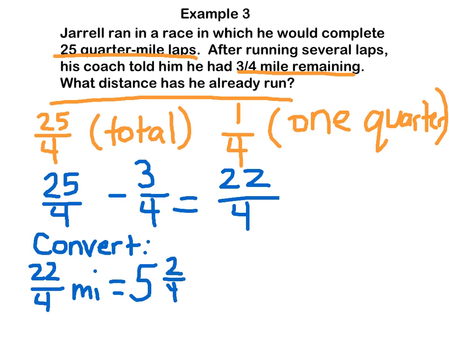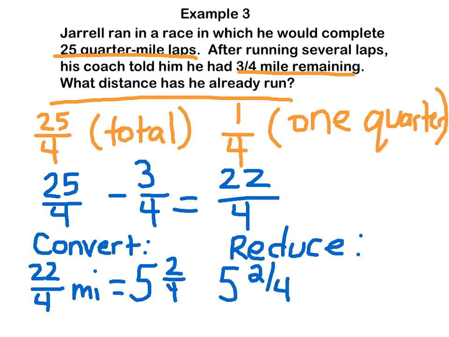And then we need to reduce. And 5 2/4 reduces to 5 1/2 miles. And that's it. So we now see that Jarrell has run 5 1/2 miles already, and he has 3/4 of a mile remaining.